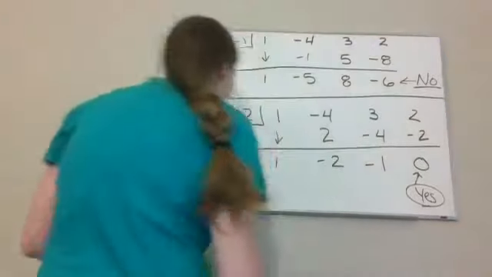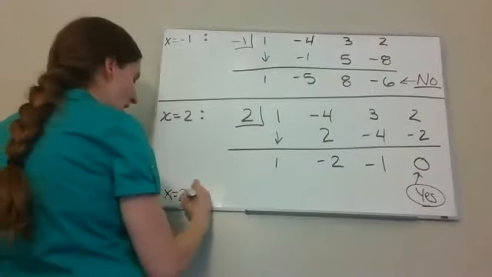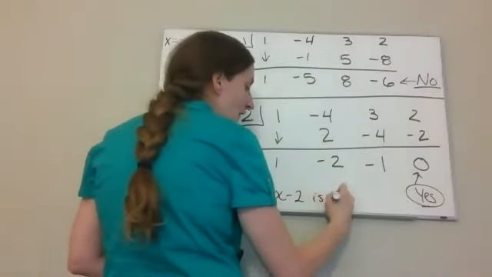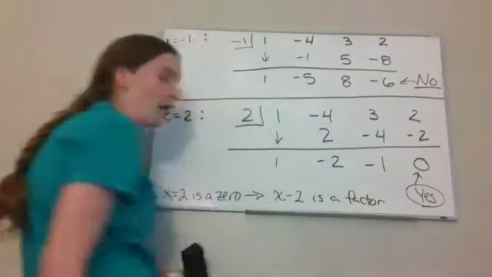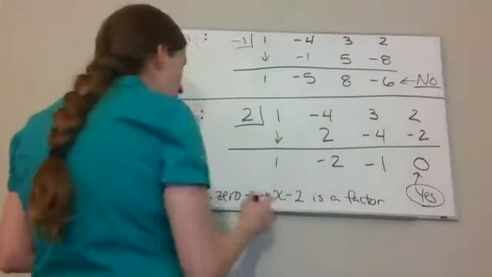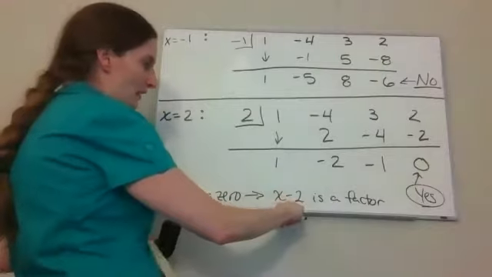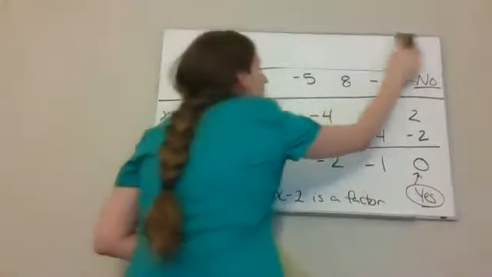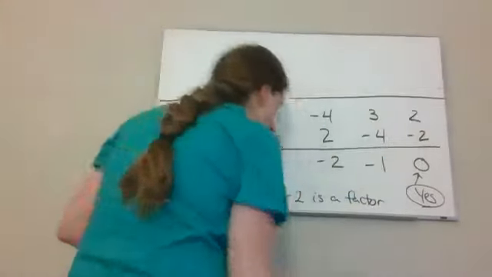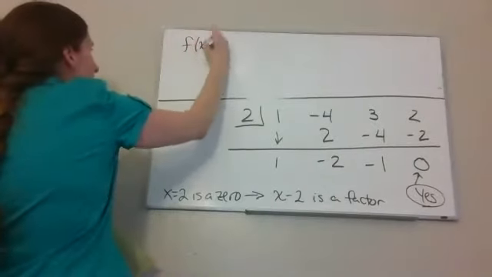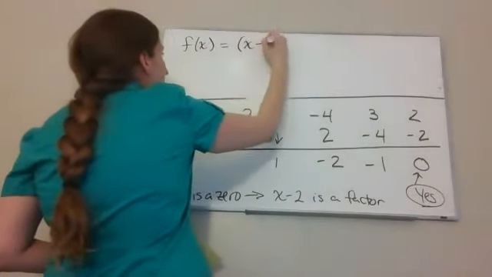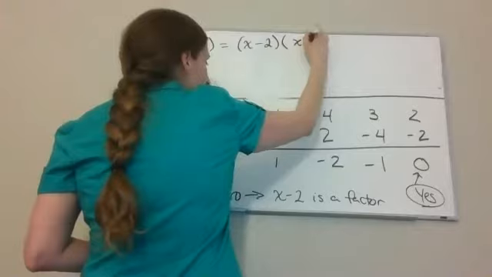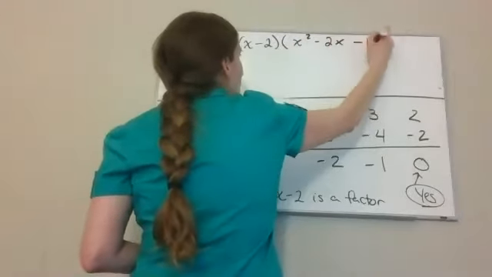So at this point, I know x equals 2 is a 0, and that tells me that x minus 2 is a factor. That's from our factor theorem last time. I can then write my original polynomial as x minus 2 times the result of this synthetic division. So right now, I know my polynomial f of x is equal to x minus 2 times this guy, which is x squared minus 2x minus 1.